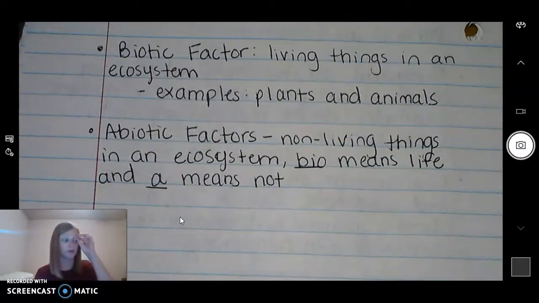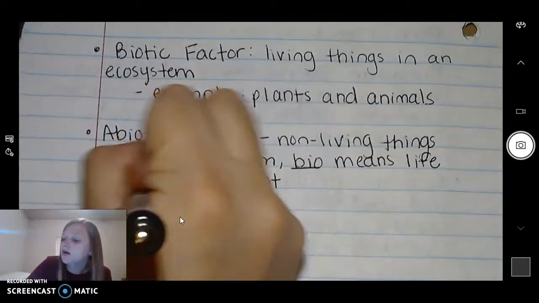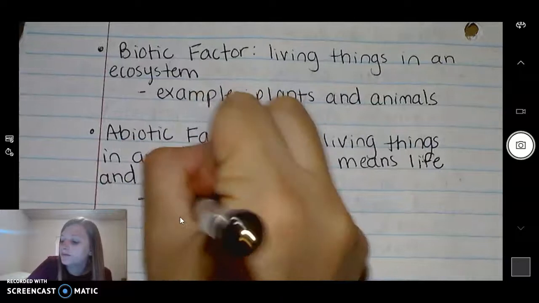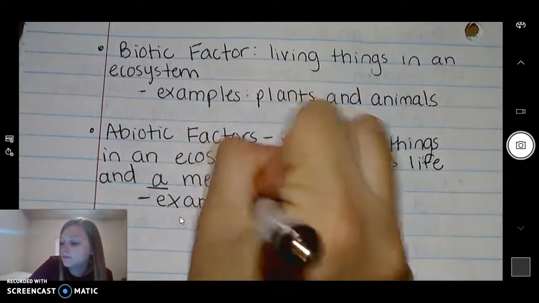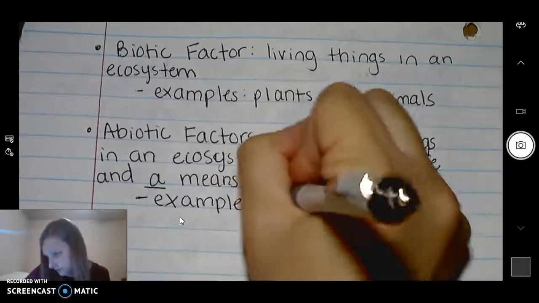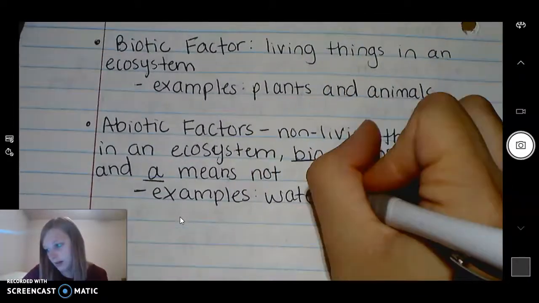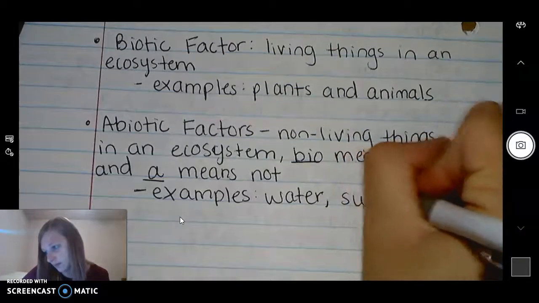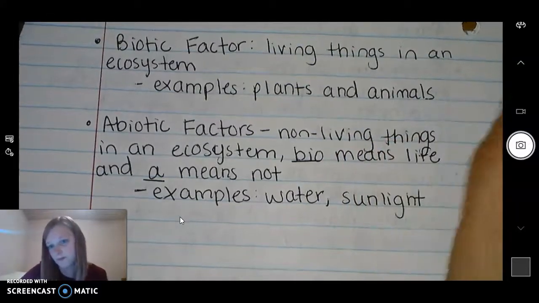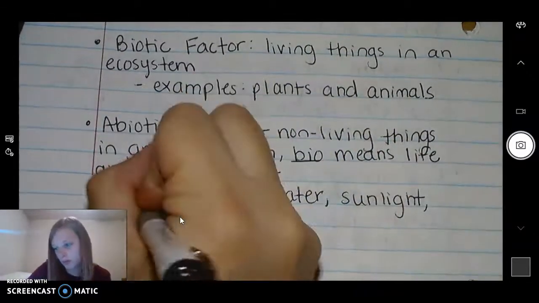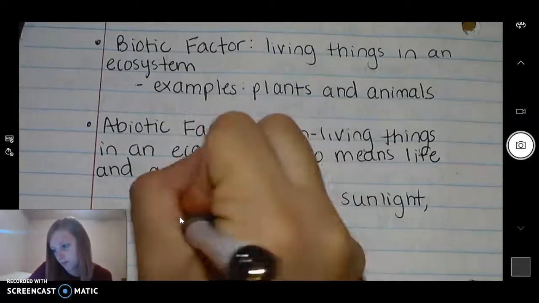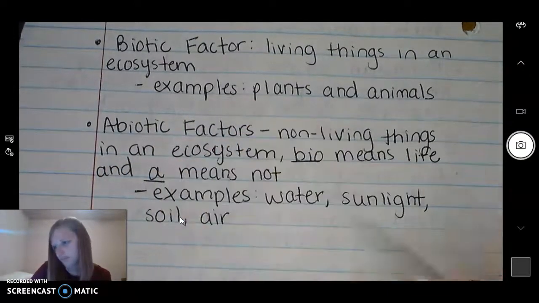Okay, so examples of abiotic factors are water, sunlight, soil, and air.